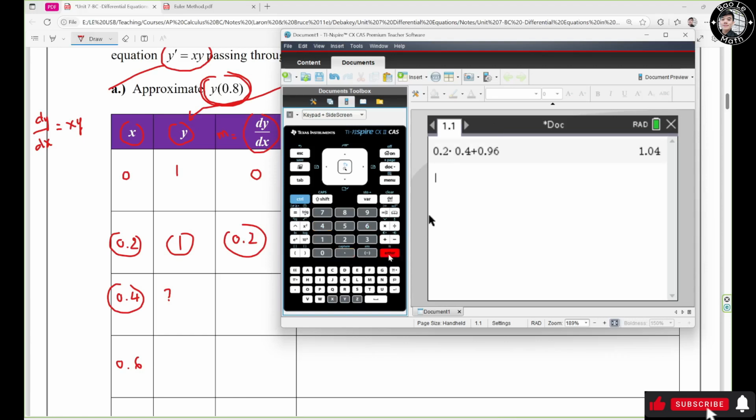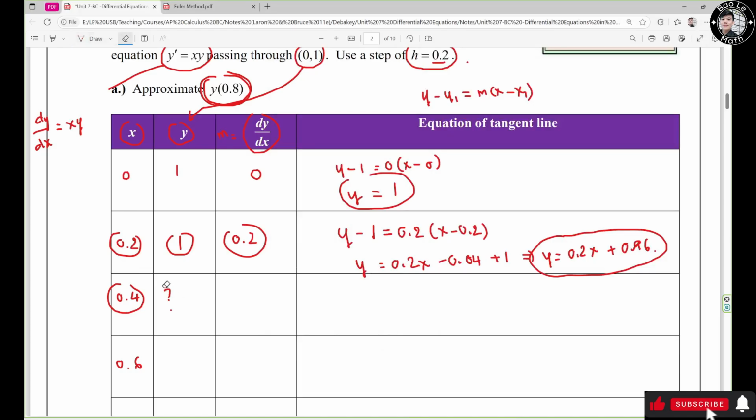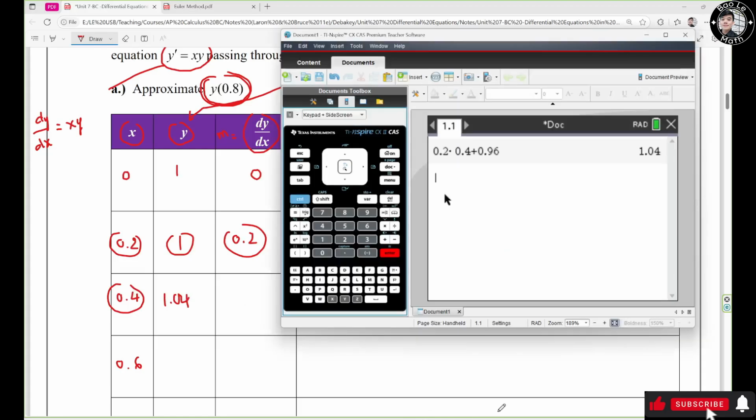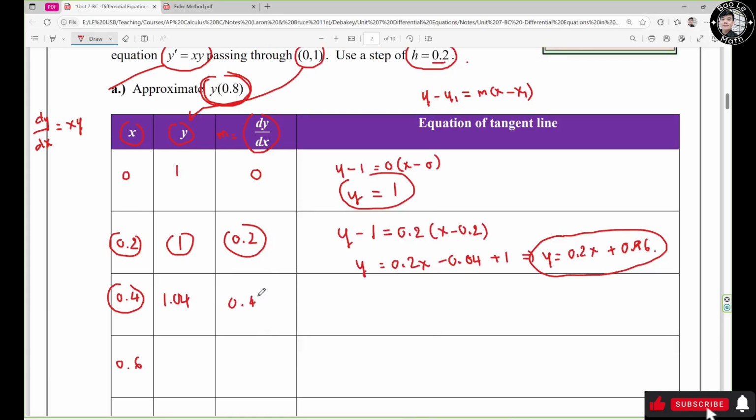The answer is 1.04, so the value here should be 1.04. Now dy over ds equals s times y, so it's 1.04 times 0.4, which is 0.416.